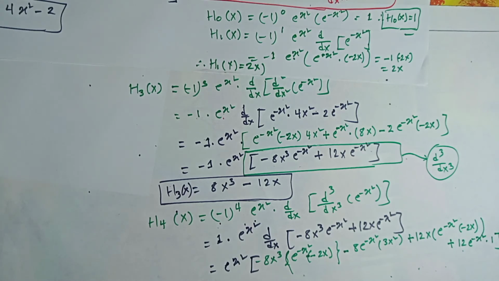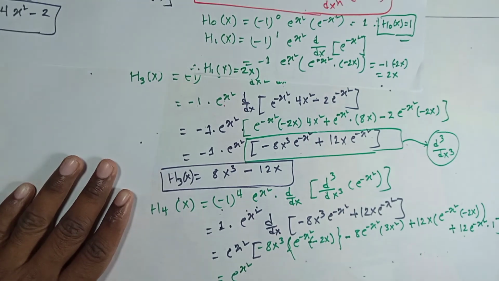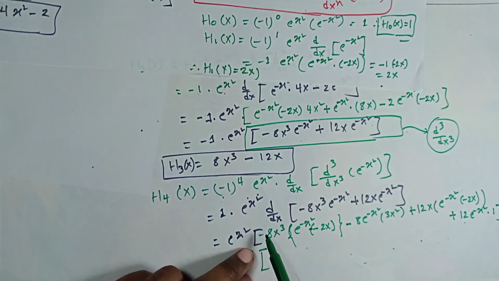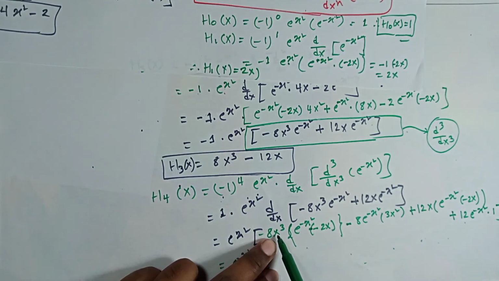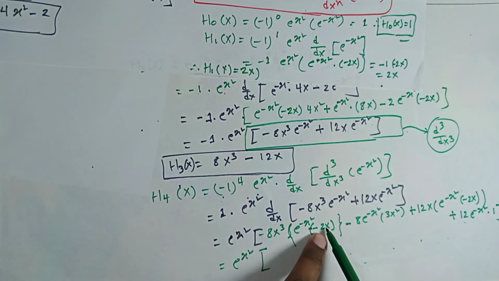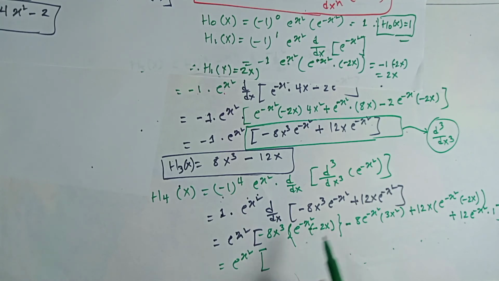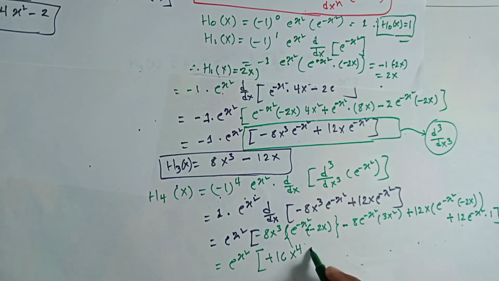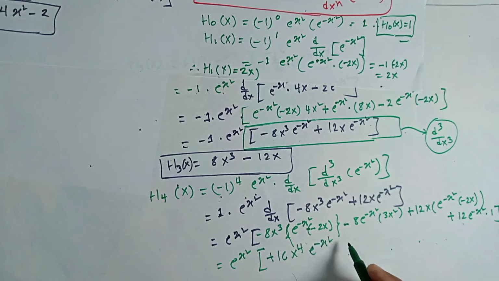Then we calculate e to the power x squared into, okay, here 8x cubed minus 8x cubed into minus twice x, that is nothing but 16x to the power 4 plus 16x to the power 4 e to the power minus x squared.